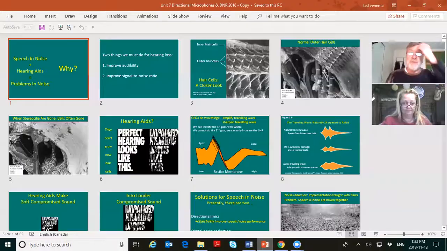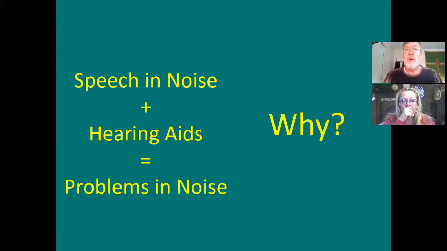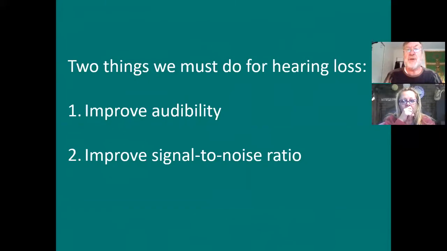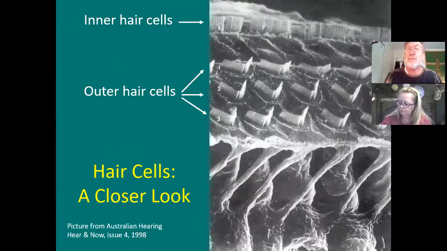Now, in English, what that means is, if I share here, what we did last week, we started out showing this slide: speech and noise plus hearing aids equals problems in noise. To give you a real quick rundown, we talked about doing two things for hearing loss, improving audibility and improving signal-to-noise ratio.